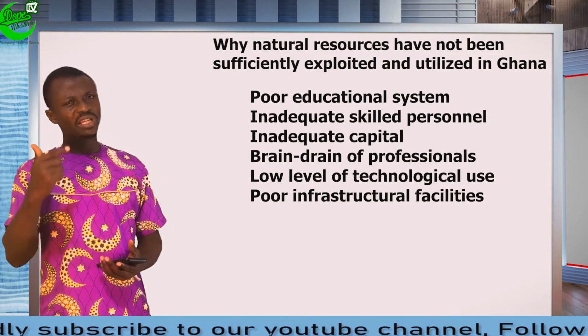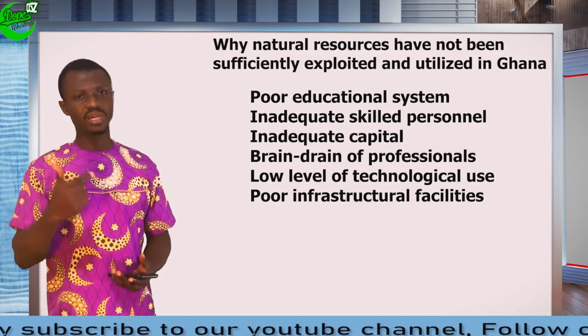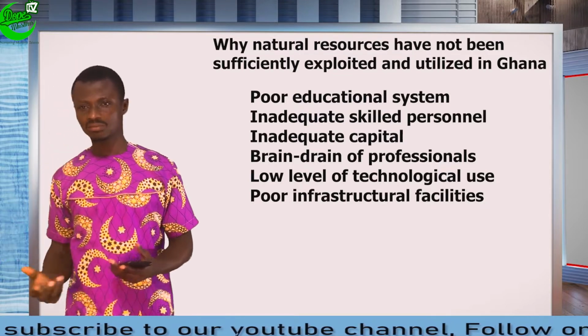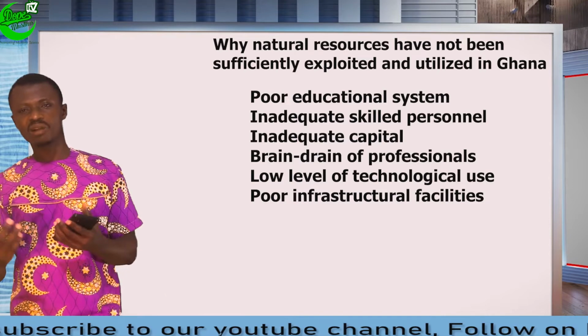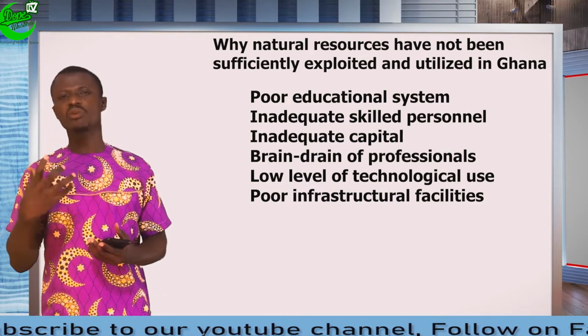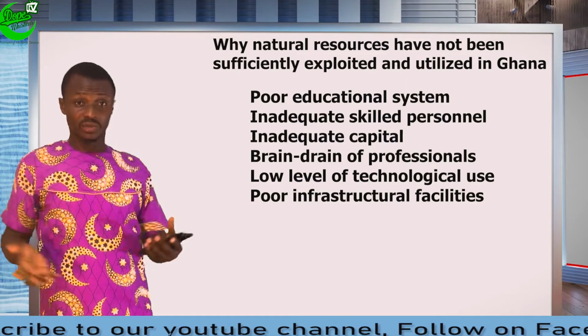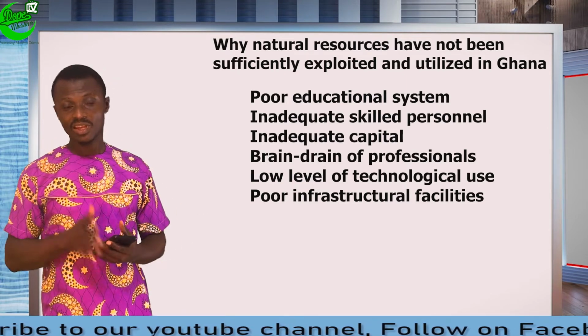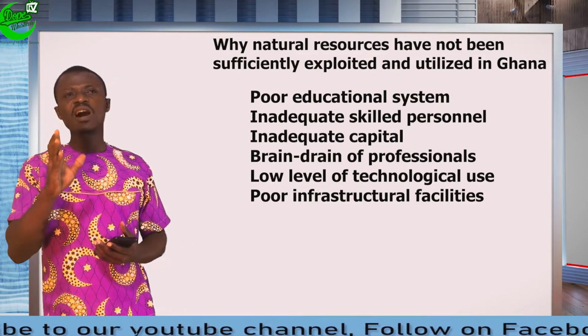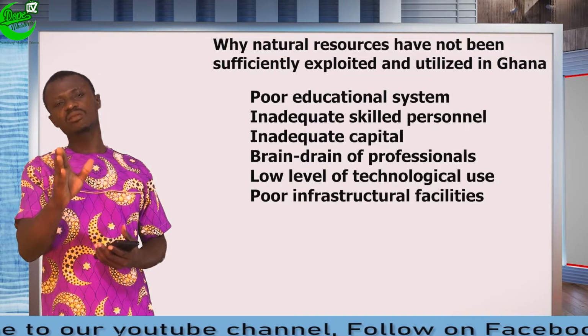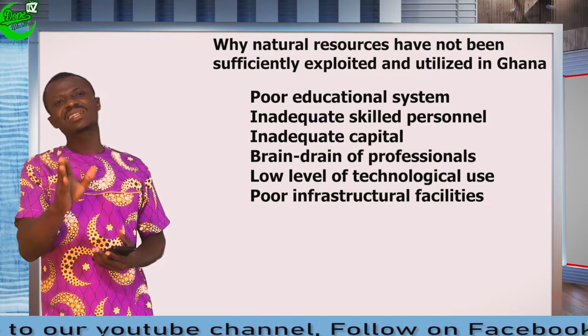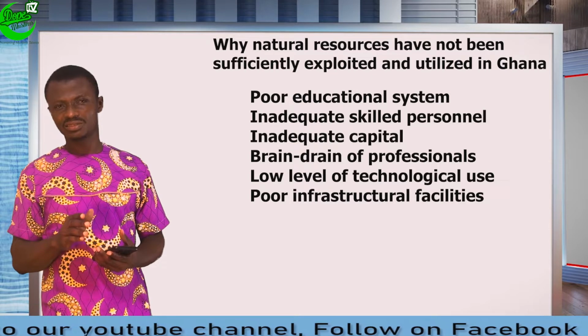So the kind of education we're providing is only knowledge-based. You memorize all the big grammar, you come and say it, but when you give us the practical side of it, then we are stuck. We can't do it. We are providing knowledge-based education without practical and vocational skills.